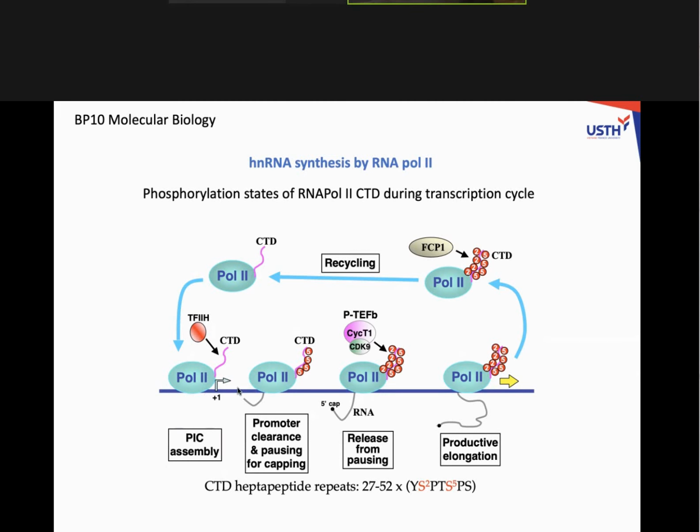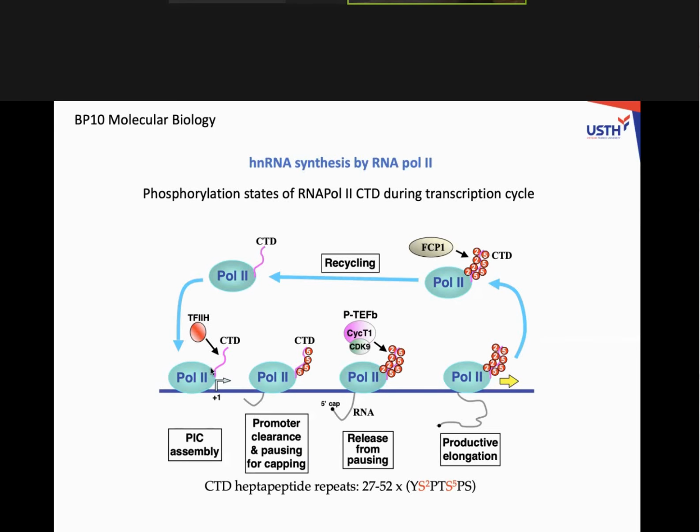So at the bottom of the drawing, you've got the genomic DNA with the +1, so the transcription start. And the cycle. CTD means C-terminal domain of polymerase II. This is the site of phosphorylation, and the phosphorylations are those little red balls with numbers. Don't pay attention to the numbers.